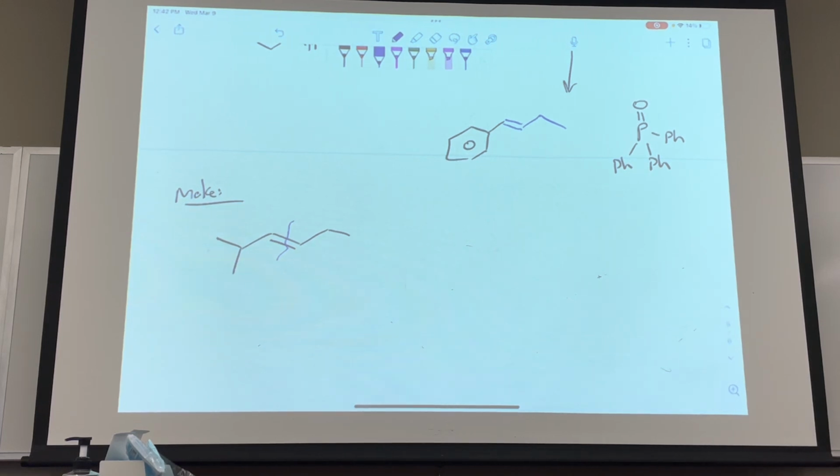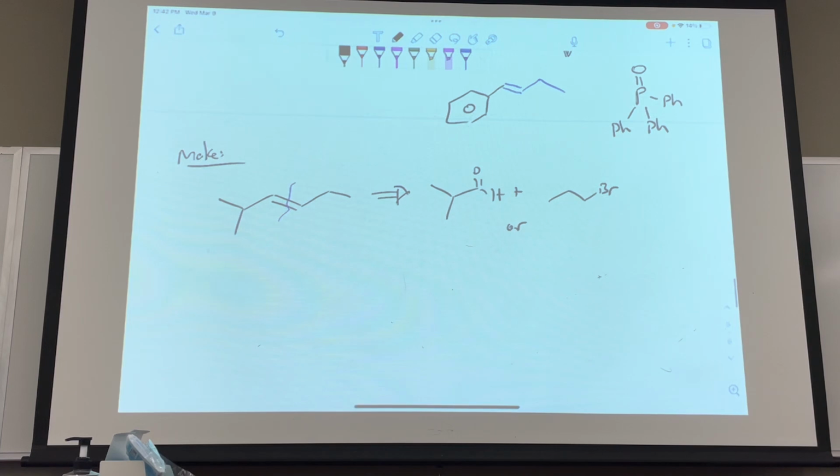Right? And so if you're going to use Wittig chemistry, one side has to be the halide and the other side has to be the carbonyl. So in a case like this, it probably doesn't make too much of a difference. You could envision doing it this way, or switching them.